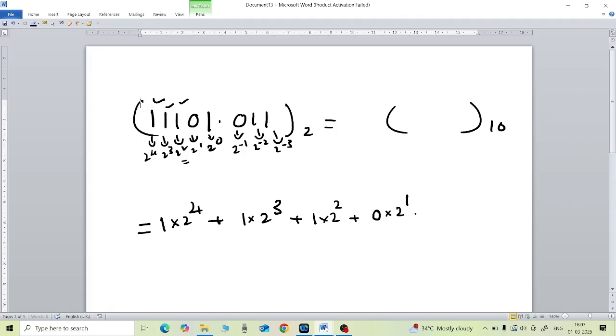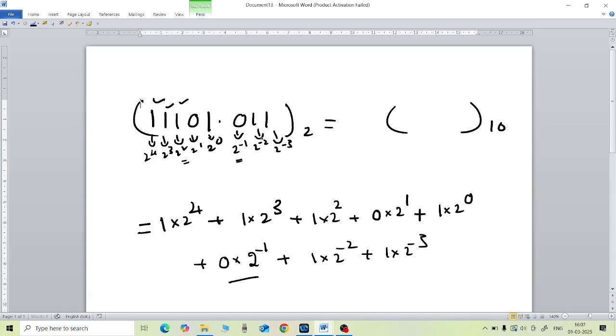I hope you are following me. Plus 1 into 2 raised to 0, plus 0 into 2 raised to minus 1, plus 1 into 2 raised to minus 2, plus 1 into 2 raised to minus 3.